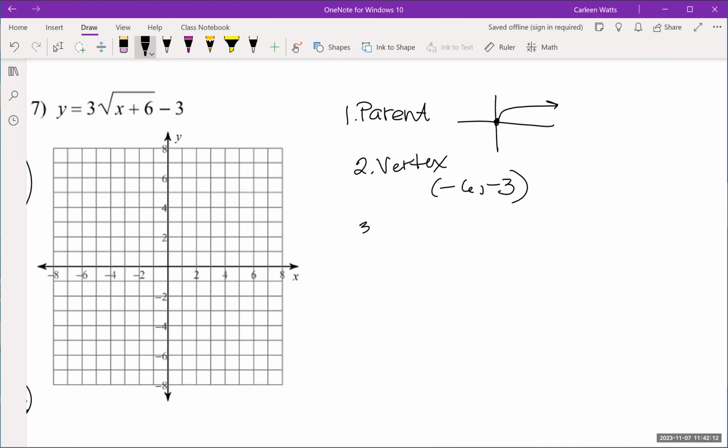Table. So -6, -3. To the left is -7. To the right is -5.